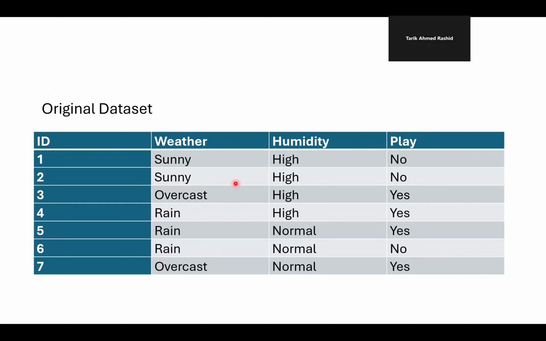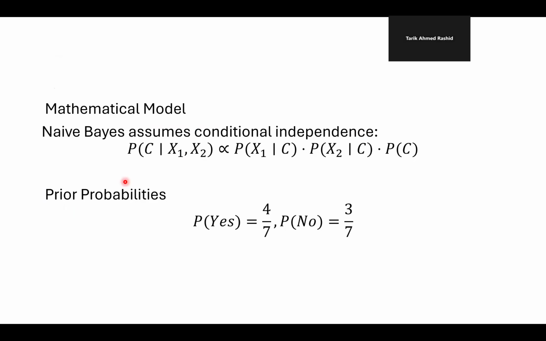This is our data set. We have two features, weather and humidity, and the class is play, either no or yes, two values. Humidity has two values, high or normal, and weather has three values, sunny, overcast, rain. There are 7 samples.